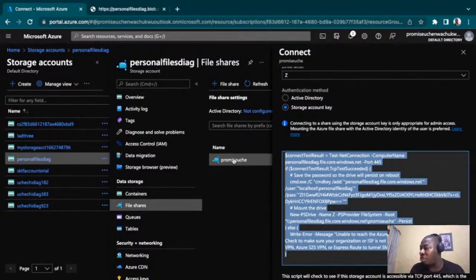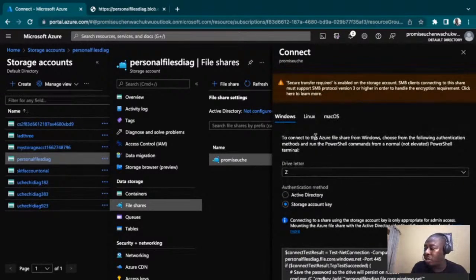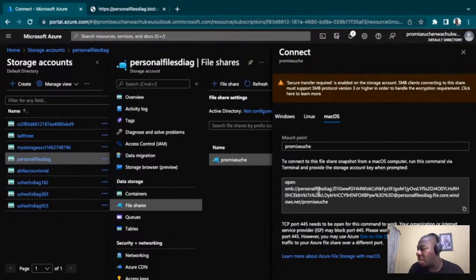But take for instance, I'm not making use of Windows. In my case, I'm making use of a Mac operating system. All I need to do is select this tab called Mac OS, and then run this command. I could open a terminal and run this command. Once I do that, I would have access to this file share on my local OS.